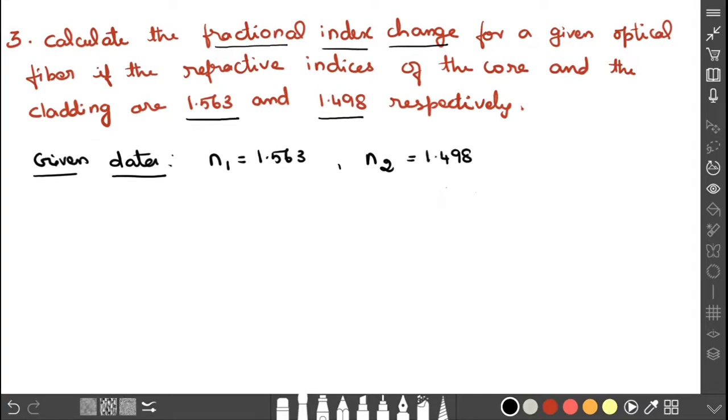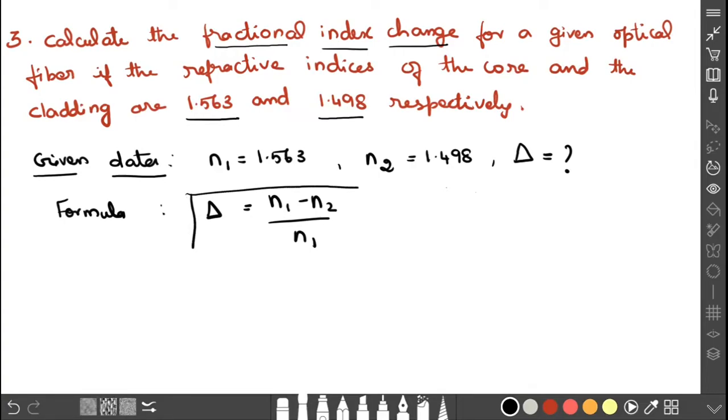The fractional index change is represented by the letter delta. Now the formula for fractional index change: delta is equal to N1 minus N2 divided by N1.